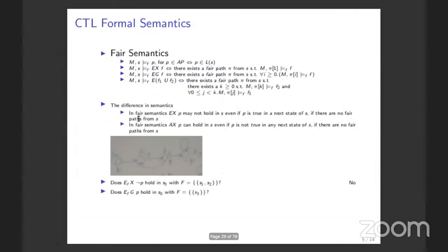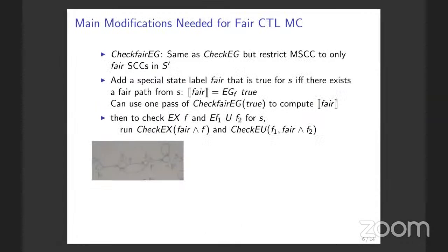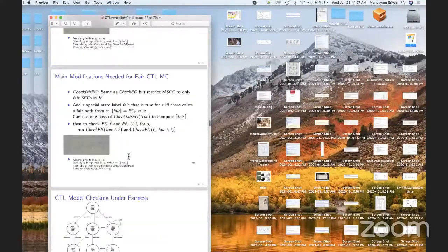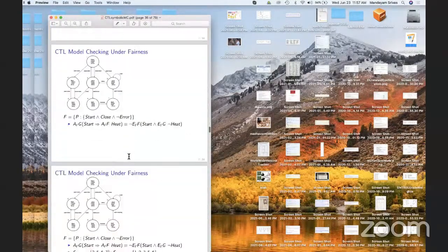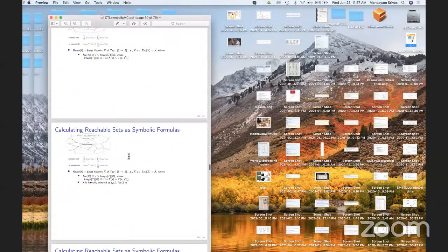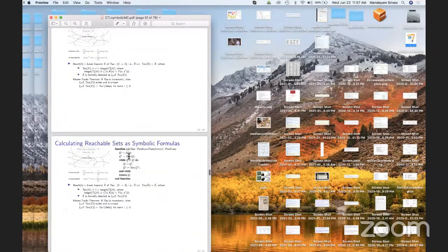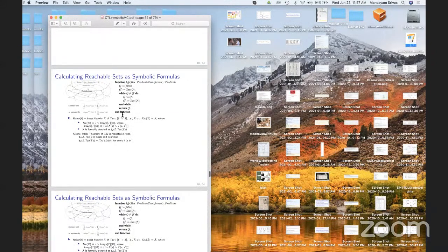With all these things, probably start. Yeah. With this slide.